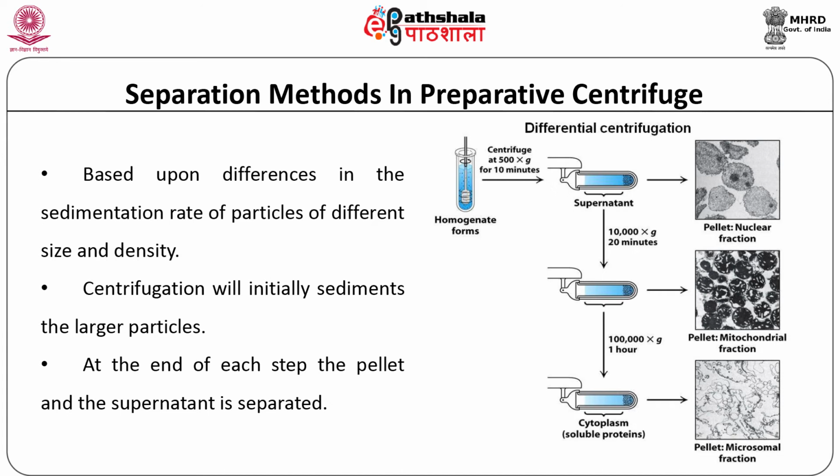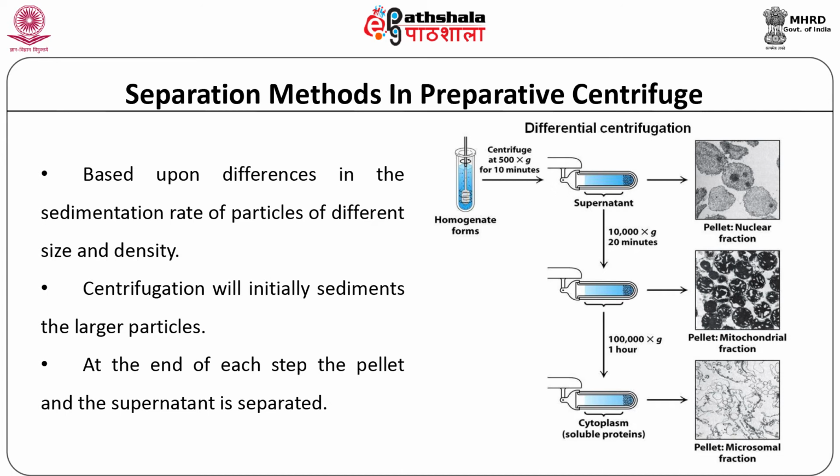To reduce cross contamination and to improve particle separation, the pellet is resuspended in a solute and recentrifuged. Further separation of homogenate is done by centrifuge of supernatant at increased centrifugation speed.